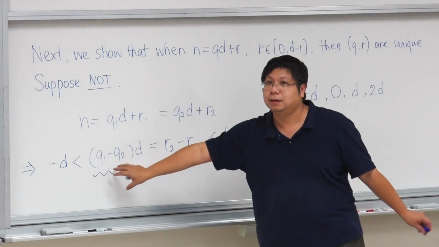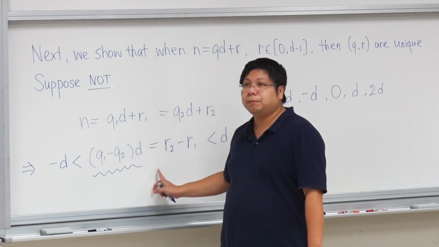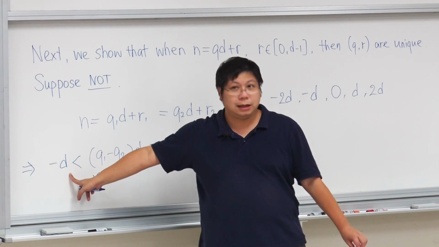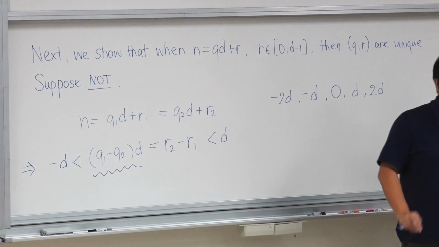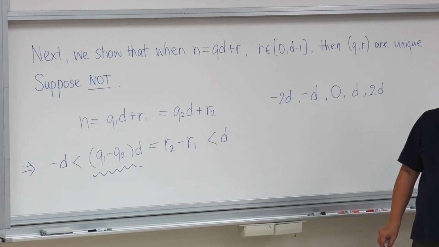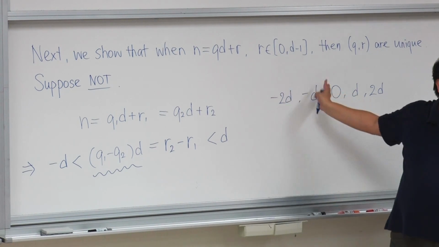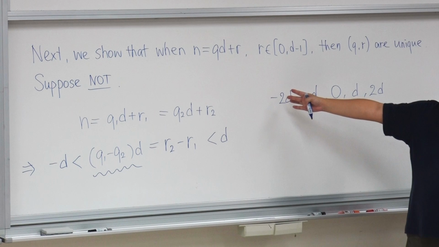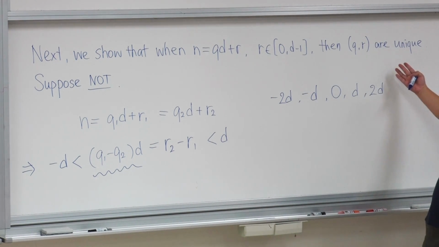But now there is a restriction: this number is strictly greater than minus d and strictly smaller than d. So it cannot choose minus d or minus 2d, and it cannot choose d or 2d.